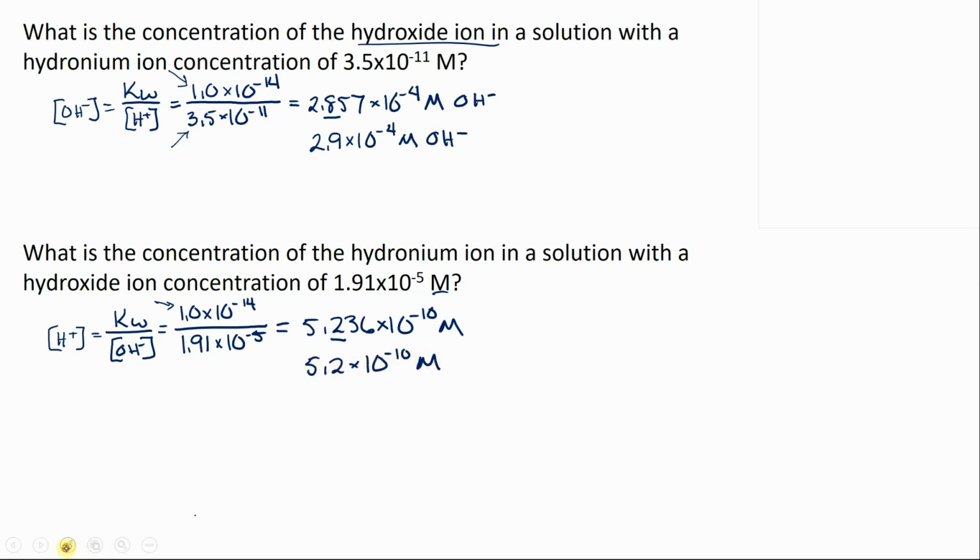Now, I want to draw your attention really quickly to an observation about these exponents here. I want you to note that when you add them up, they add up to negative 15.